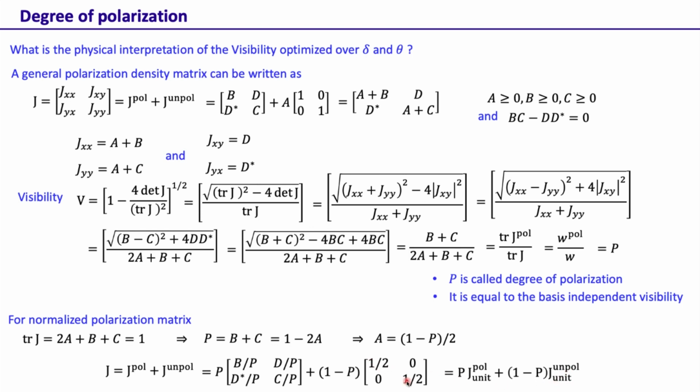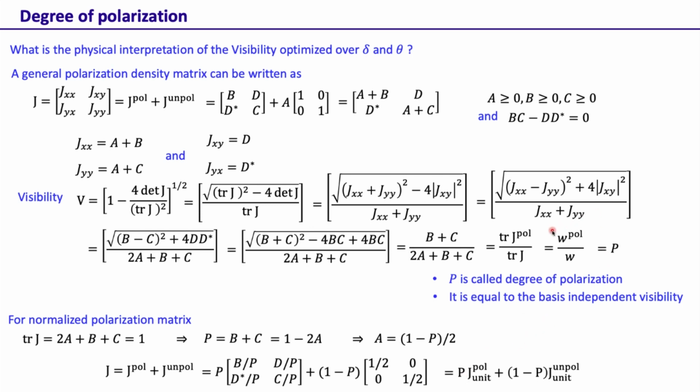So this half plus half is 1, and B by P plus C by P is also equal to 1. So if we write the polarization matrix in this form, as a unit trace polarized matrix and a unit trace unpolarized matrix, then the degree of polarization is basically the weightage of this polarized part. That is the other interpretation we have of the degree of polarization.